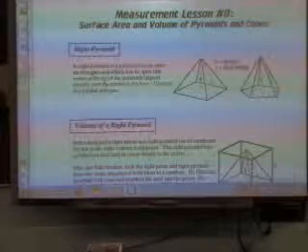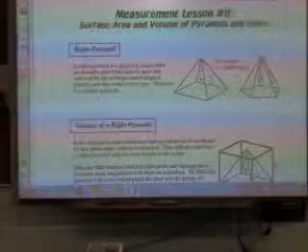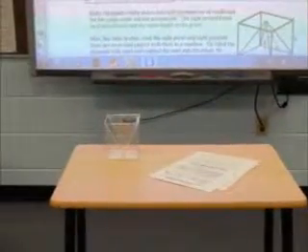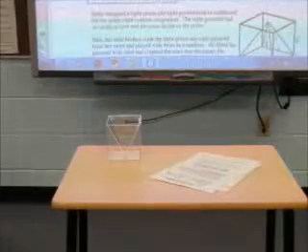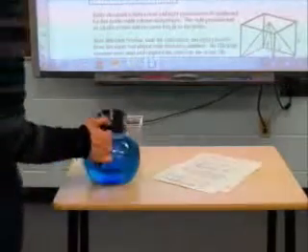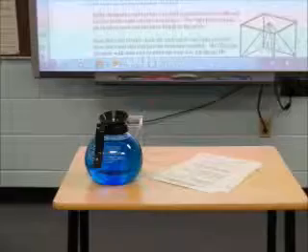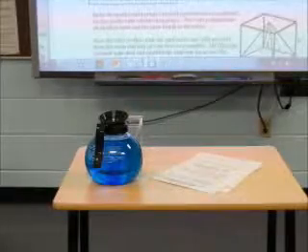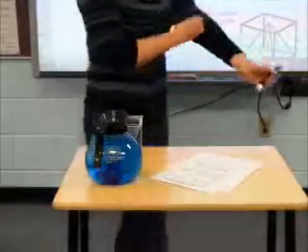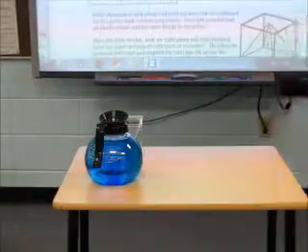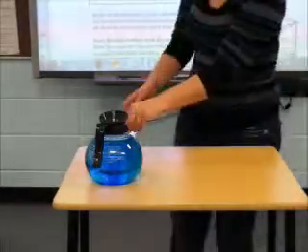So to get into volume, I have a demonstration for you. Because I can fit this prism and this pyramid together. So maybe there's a relationship between the two. Well, let's see what happens.